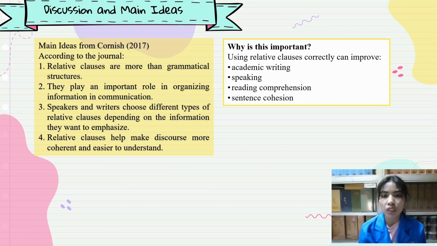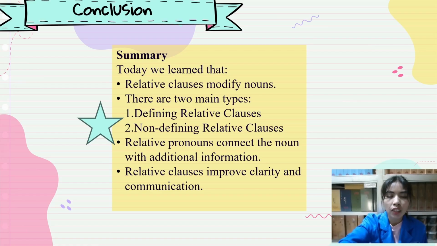Because using relative clauses can improve academic writing, speaking, reading comprehension, and sentence construction. And the last part of part one, the conclusion. In conclusion, relative clauses are very important in English grammar. Why? Because they help us describe people, places, things, and time more clearly. By using relative clauses correctly, speaking and writing become more natural and effective.